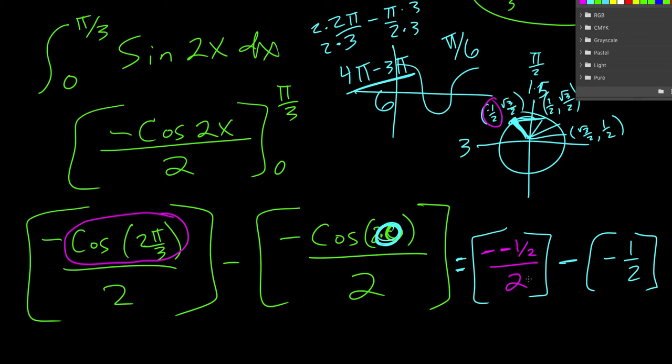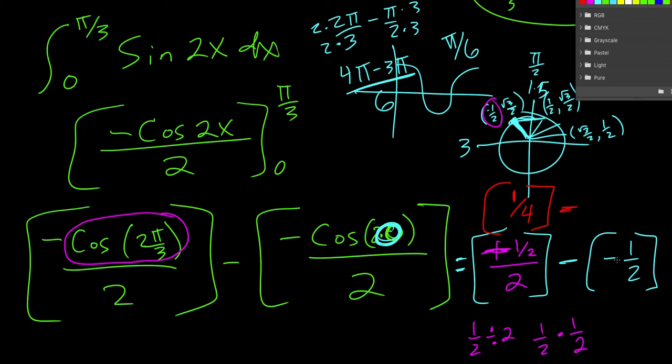All right. There's a lot of negative signs going on here. So first off, the negative just cancels. And so now we have 1/2 divided by 2. So to see that a little bit better, 1/2 divided by 2, that's 1/2 times 1/2. And so that's really just going to give us 1/4 for that bracket.